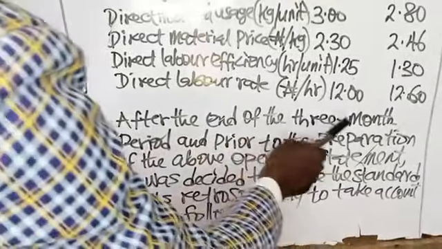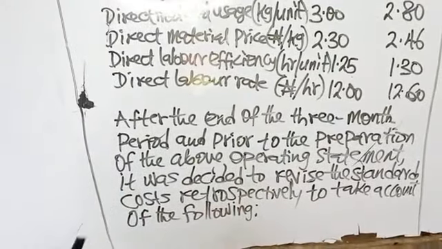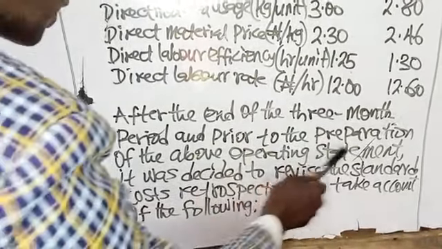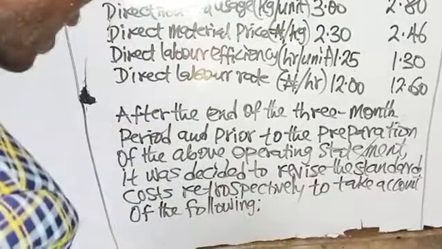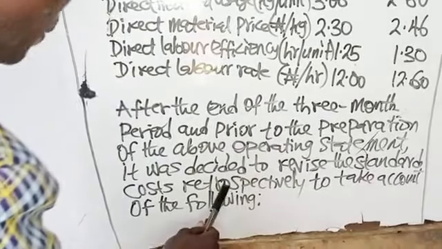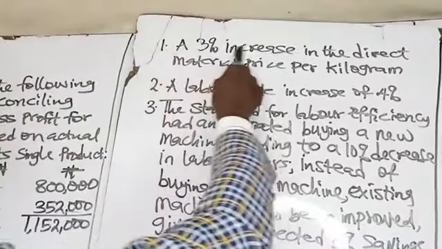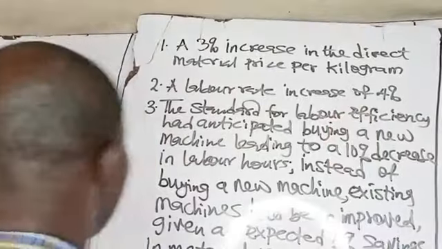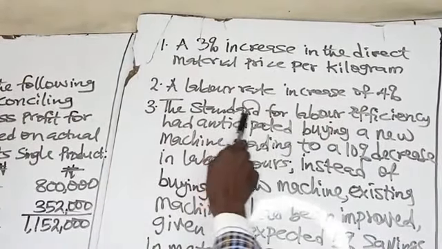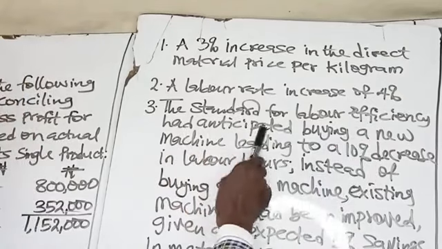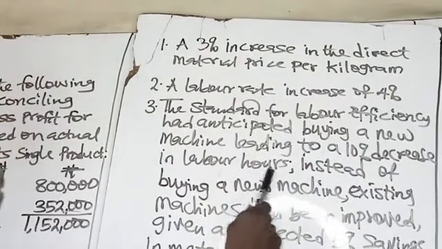After the end of the 3-month period and prior to the preparation of the above operating statement, it was decided to revise the standard cost retrospectively to take account of the following. 1, a 3% increase in direct material price per kilogram. 2, a labor rate increase of 4%. 3, the standard for labor efficiency had anticipated buying a new machine, leading to a 10% decrease in labor hours.